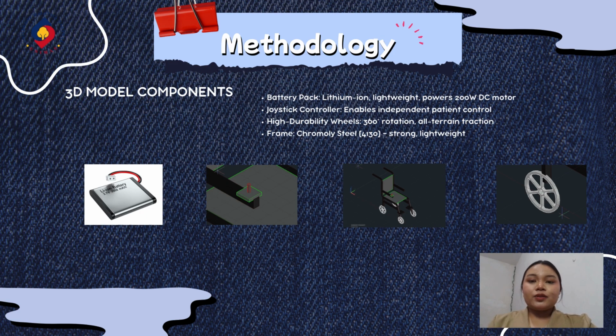Now, let's take a closer look at the key components of our 3D model. First, the battery pack. We chose a lithium-ion battery because it's lightweight, long-lasting, and powers our 200 watts DC motor reliably. Second, the joystick controller. This gives the user full, intuitive control over movement, promoting independence without complexity. Third, the wheels.